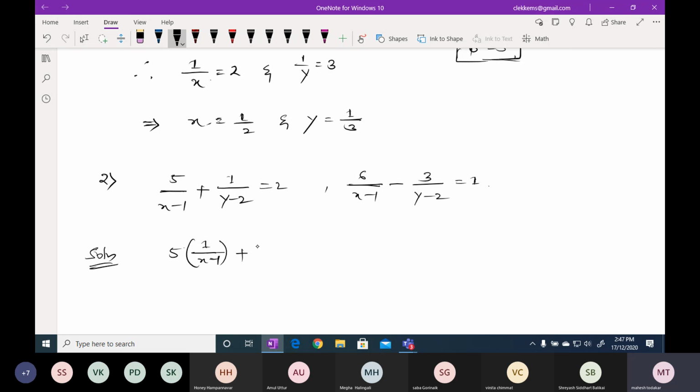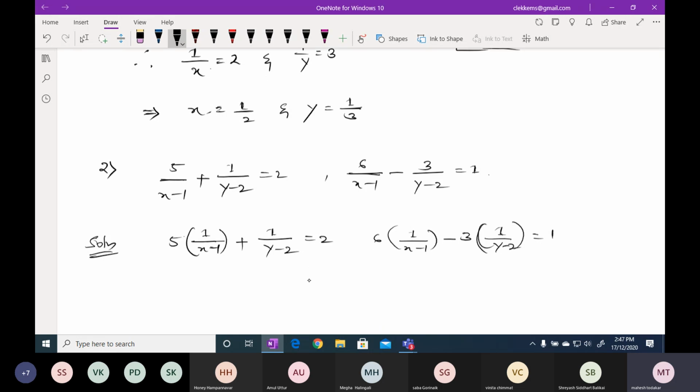Now plus again, 1 is there, no need to write here. So 1 divided by y minus 2. So now next is equal to 2. For this, keep 6 outside, it is 1 by x minus 1, minus, again on this side you can keep 3, it is 1 by y minus 2. Okay. So now this is equal to 1.